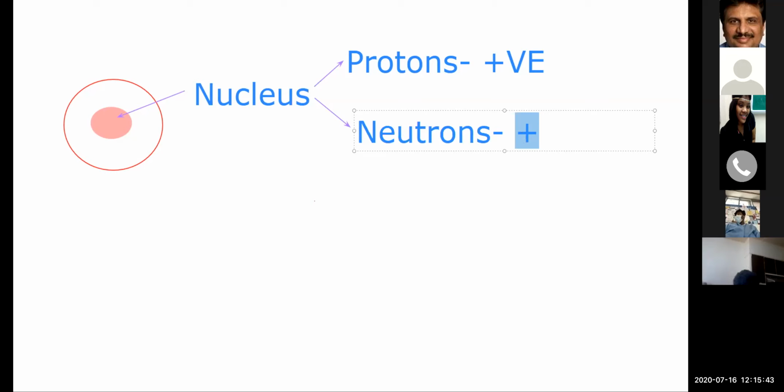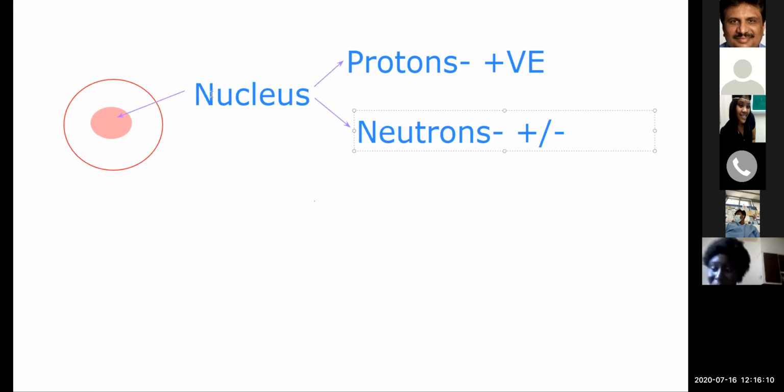Now, this is a nucleus. Around this nucleus is revolving another particle.